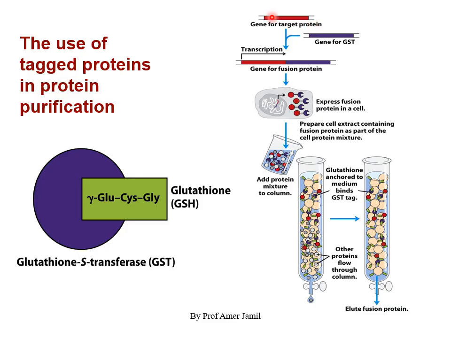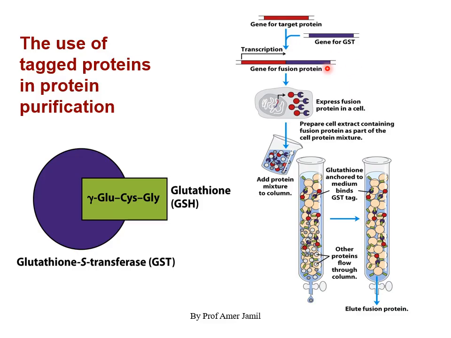For example, this is our gene for the target protein, insulin, and this is the gene for GST. So what we do is put these genes together as a fusion protein, as you can see here, and when we do the transcription and then translation, those proteins will be synthesized here. So these are recombinant proteins.